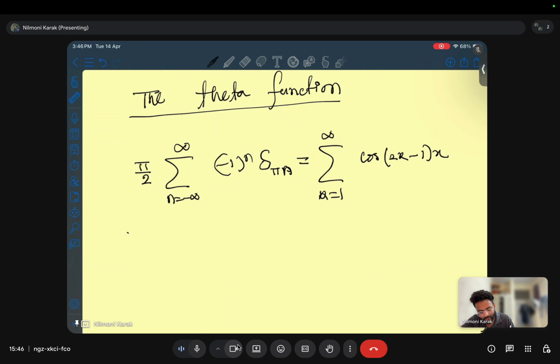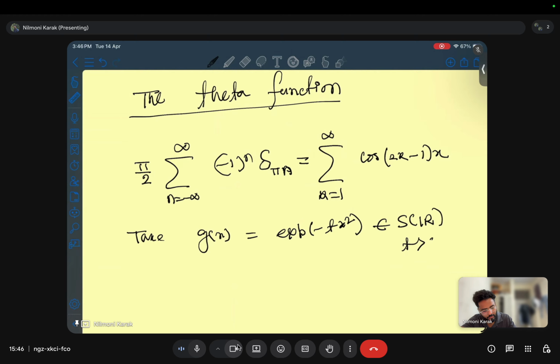Now take g(x) equal to exponential of minus t x square, which is in the Schwartz class, right? For t greater than 0, of course.